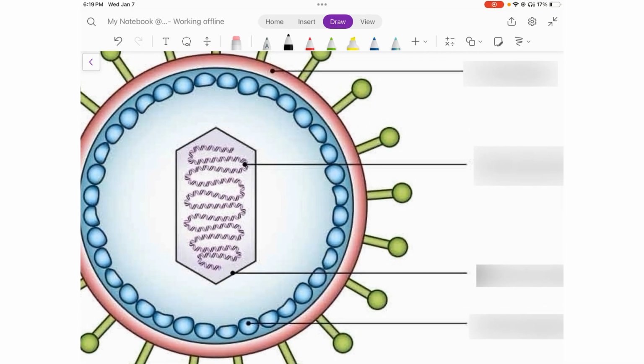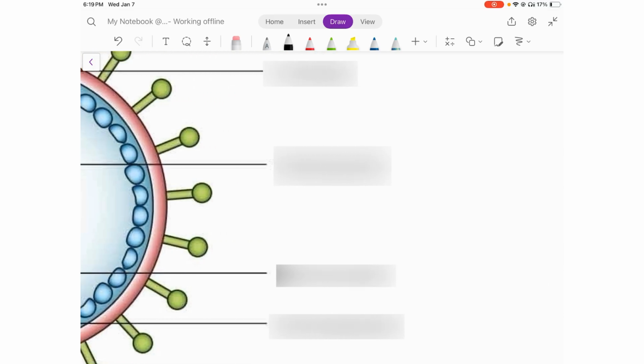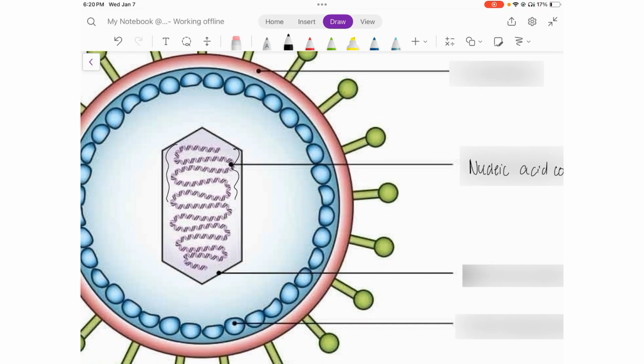Here, this snake-like thing over here is the nucleic acid core found right in the center. The nucleic acid core is a structure which can only exist as either DNA or RNA.